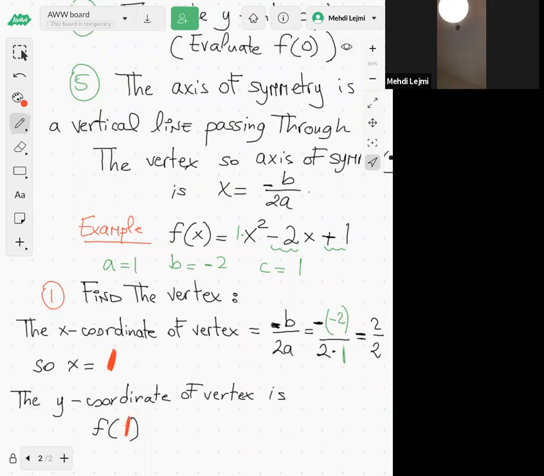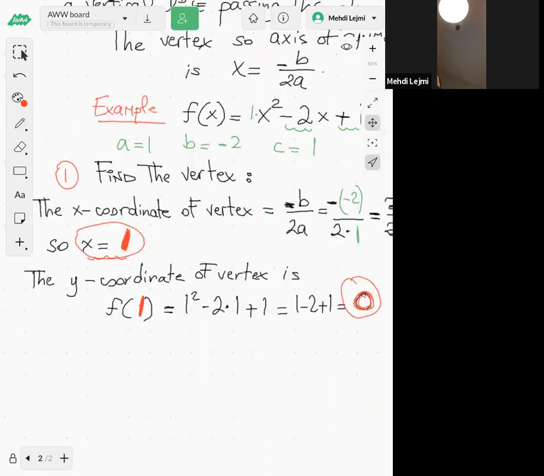And f of 1 is 1 squared minus 2 times 1 plus 1, which is 1 minus 2 plus 1. So it's negative 1 plus 1, which is 0. So the x of the vertex is 1, and the y of the vertex is 0. The vertex is the point (1, 0).